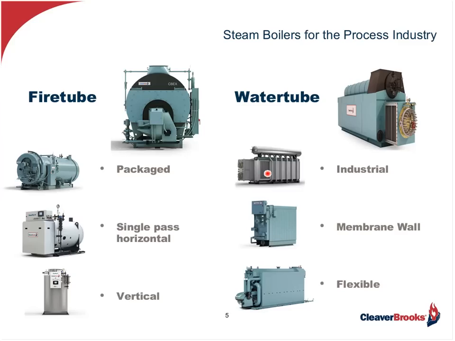But then they come together. So it's not field erected, it's a modular field erect. Then you've got commercial boilers, commercial water tubes, and those could be membraned wall, as you see here, that would be an O type. And then you have a flex tube water tube boiler. All of these are steam boilers, either water tube or fire tube type.